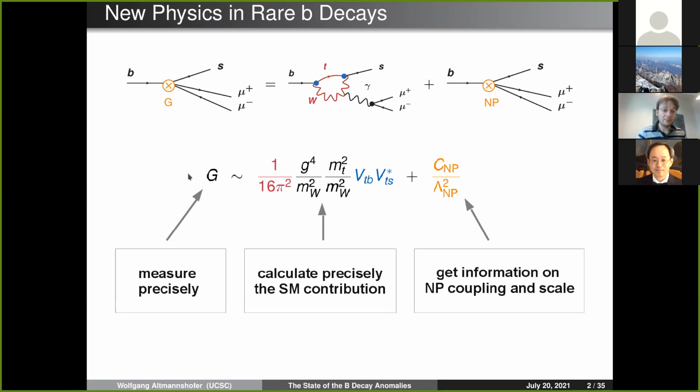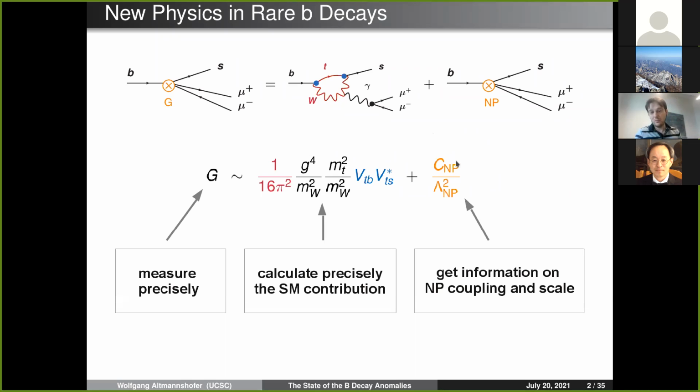If the experimental results agree with standard model predictions, then one would get a constraint on possible new physics contributions to this process. On the other hand, if there's a disagreement, if there's an anomaly, between the standard model prediction and the experimental measurement, then one could attribute that to a new physics effect and try to understand which type of new physics couplings or new physics scales could be responsible for such a discrepancy.